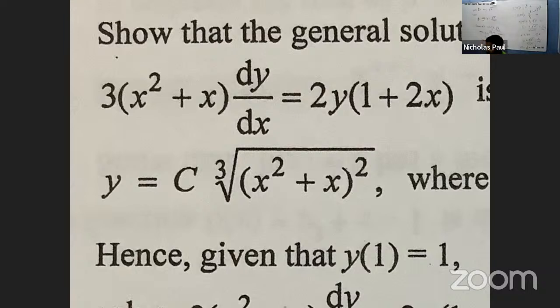If it's not in that form, right? Yeah. So that means you have to use regular, that is separating variables, right?